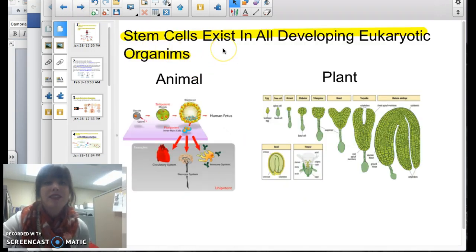Stem cells exist in all developing eukaryotic organisms, not just humans. Animal embryos have stem cells. In plants as well, inside the developing seed of a plant, there are stem cells. All embryos have stem cells that differentiate into other cell tissues later on in development.